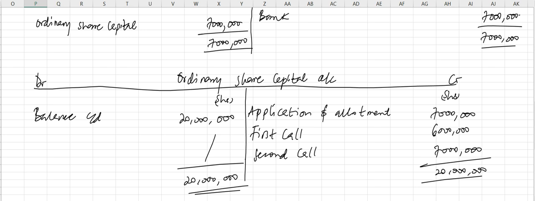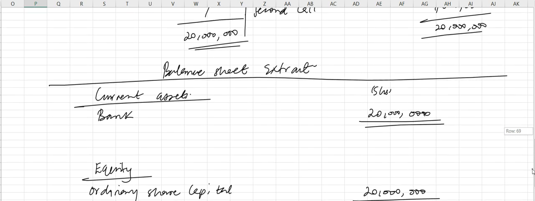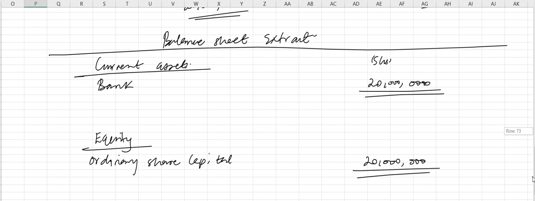And then we have also seen the accounts which you can come up with: the bank, the share application and allotment account, the first call account, the second call account, and then the share capital account. Finally, we have also come up with the balance sheet extract.